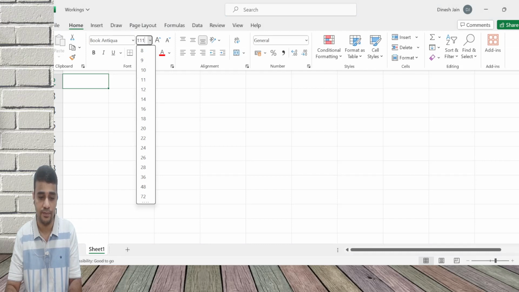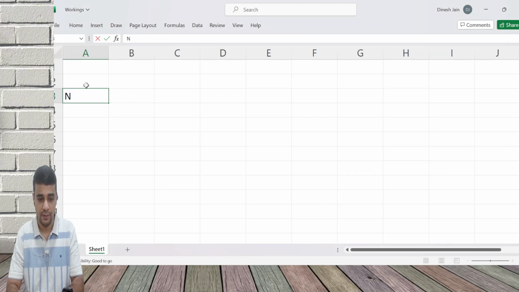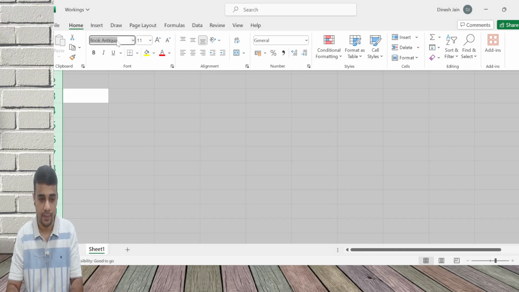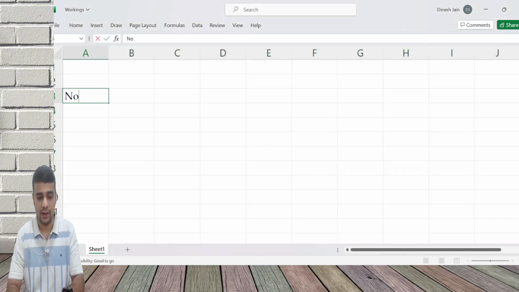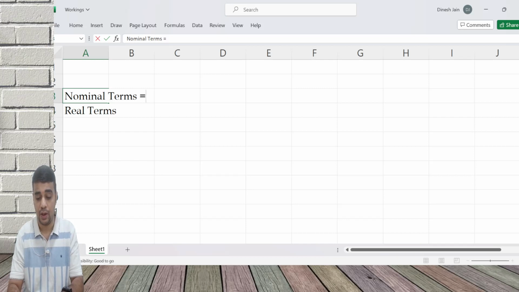One is nominal terms. We have cash flows which are in nominal terms, and we have cash flows which are in real terms. Nominal terms means it incorporates the impact of inflation.